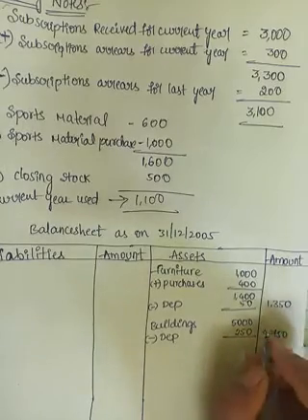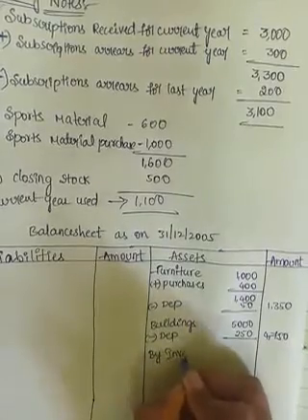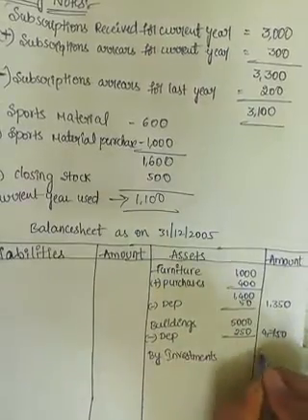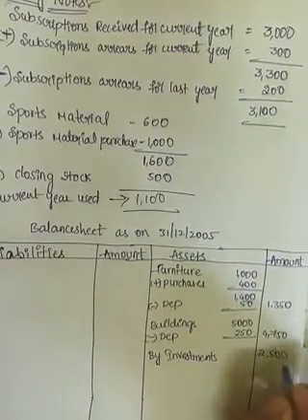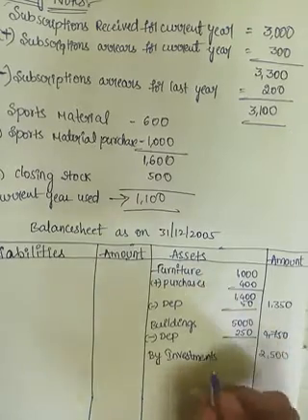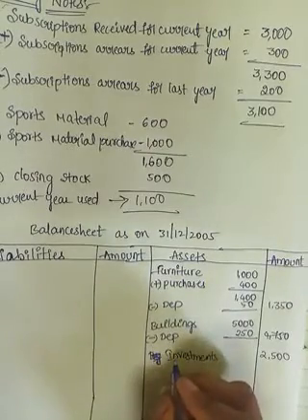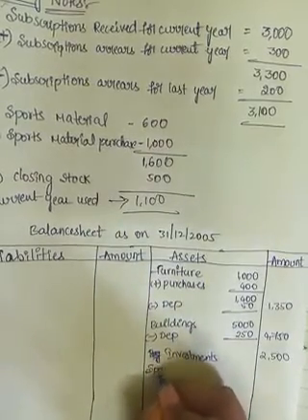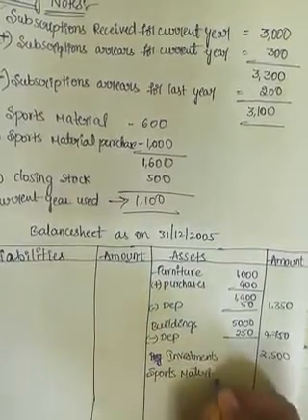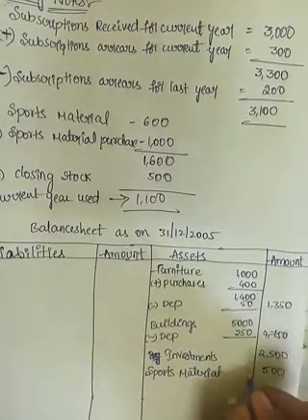Next is investments. Investments is 2,500. Next is sports material. Sports material is 500.